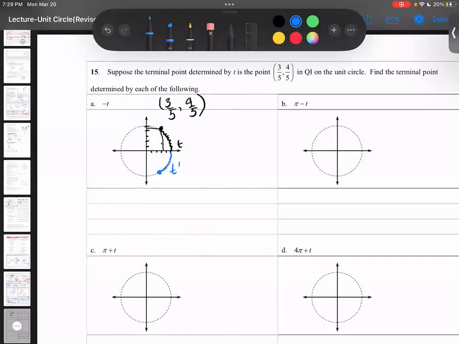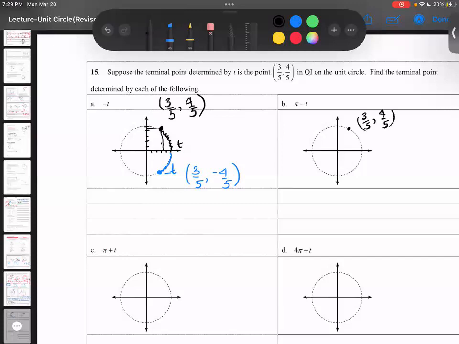Well, by symmetry, what is the point at negative t? You still have a positive x, negative 4/5. So the point is (3/5, negative 4/5).